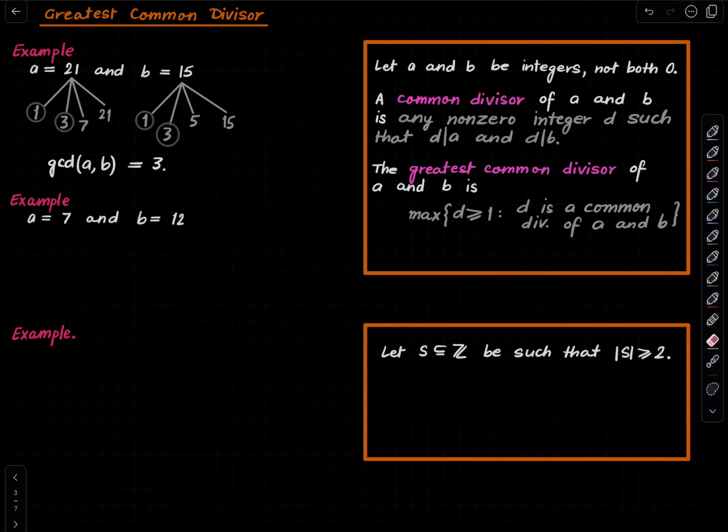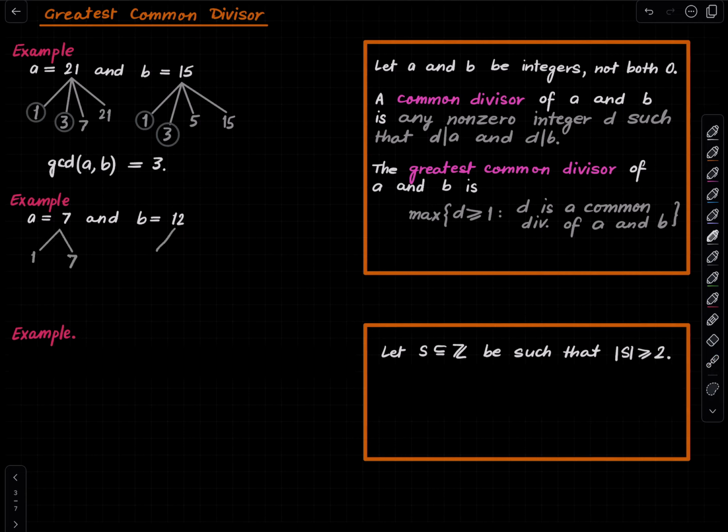Another example. Suppose A is 7 and B is 12. What are the divisors of 7? 7 is a prime. It has only 2 positive divisors. When I was discussing this and using the word divisors, I was just referring to positive divisors, although divisors can be negative. So the 2 positive divisors of 7 are 1 and 7.